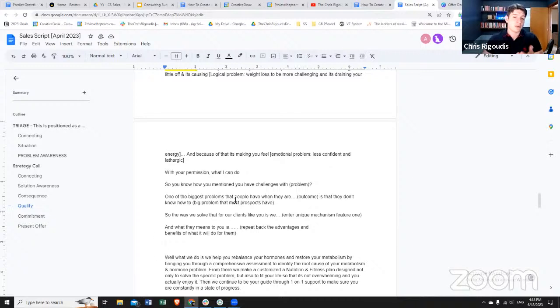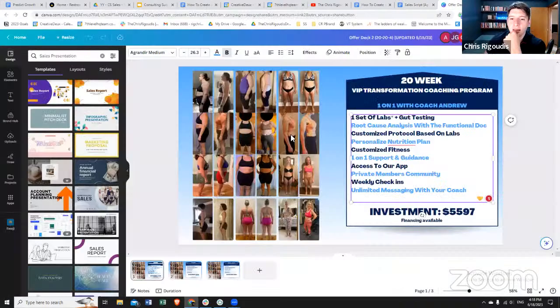Well, one of the biggest problems that women have when they come to us is they keep exercising, and a lot of times they go to the gym daily, but they don't monitor how their metabolism behaves based on their age. And they don't have the right diet plan that actually fuels their metabolism. So the way that we solve it for our clients like you is..." Pause. That's where essentially the pre-frame ends.